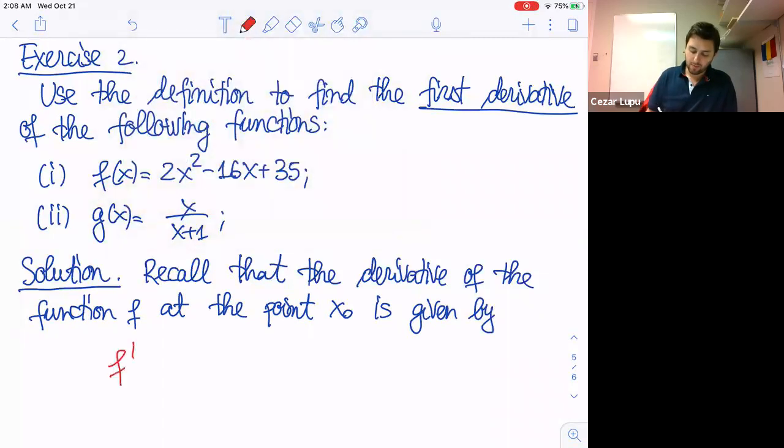So it's f prime of x naught, which is nothing else than the limit, if you want to write it like this, as x approaches x naught of f of x minus f of x naught over x minus x naught.